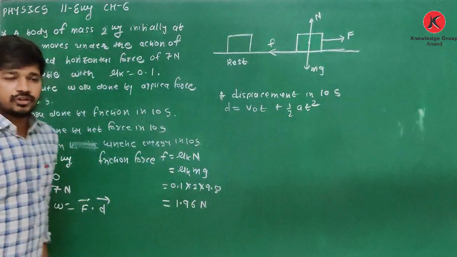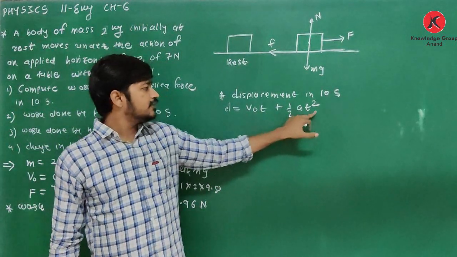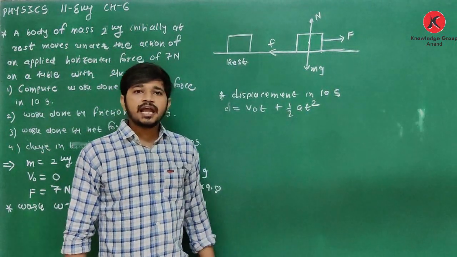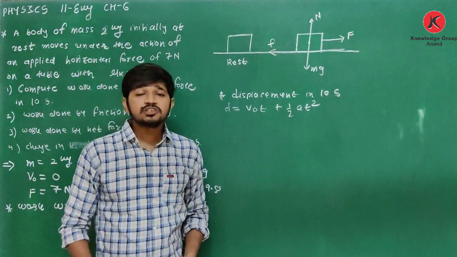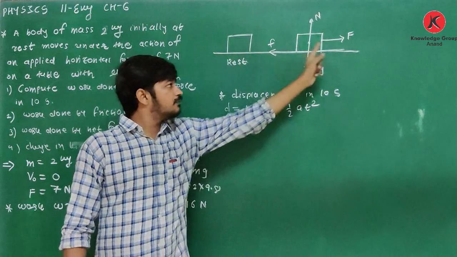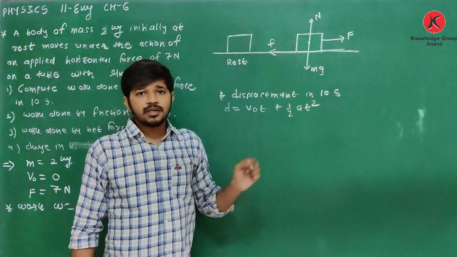Initial velocity is 0, so the first term is 0. In the half a t square term, t is 10. But what about a, the acceleration of this block? You are not given it, and you cannot put g, because the object is moving in the horizontal plane.